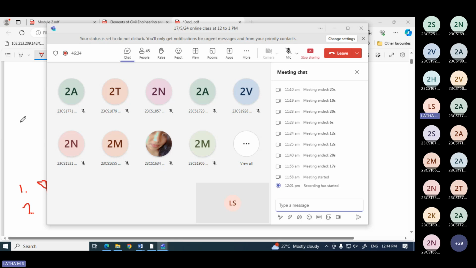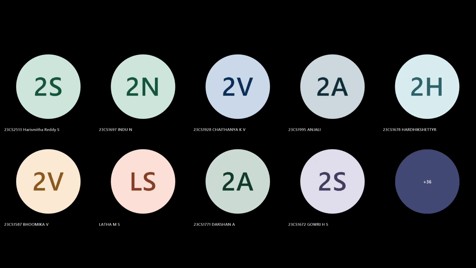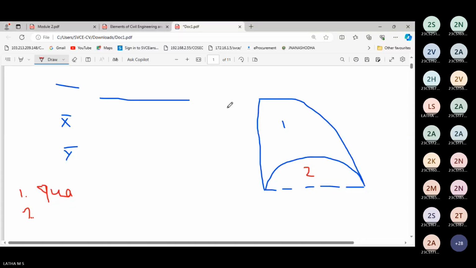Calculate the final answer and share the calculation image. Give the answer. I'm waiting.